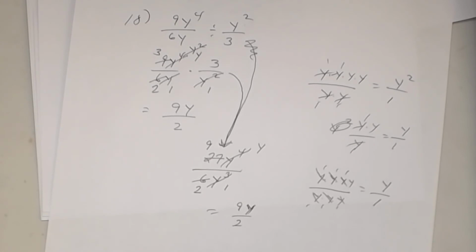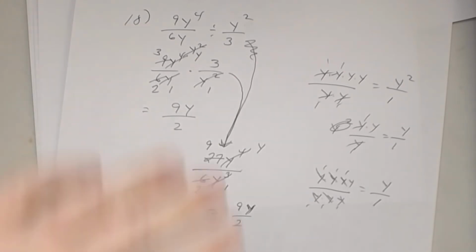But the next class period, Tuesday, we're going to look at, so with these rational expressions, we multiply and divide them, right? What else can you do to fractions? Not only can you multiply and divide them, you can do what? Add and subtract. So the next thing we're going to do is add and subtract. Now remember, when you add and subtract fractions, your denominators had to be the same.